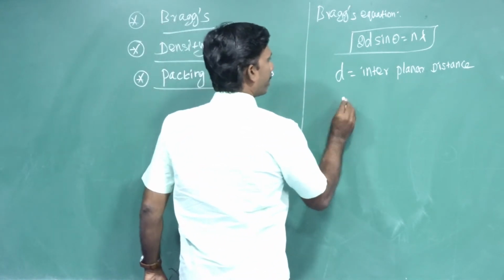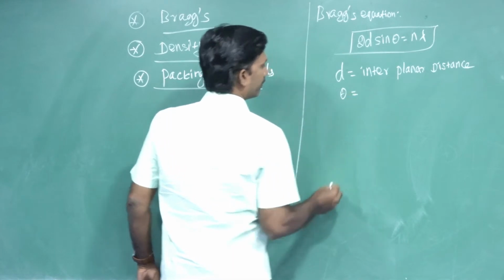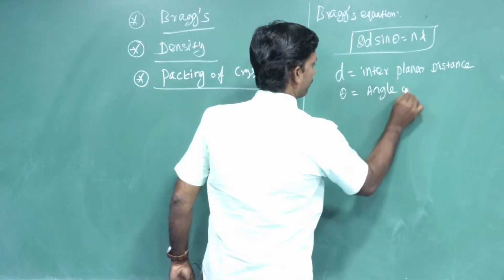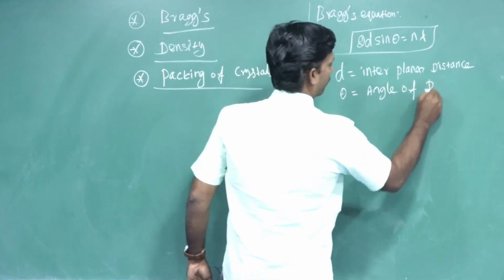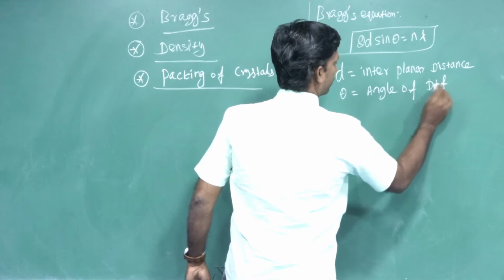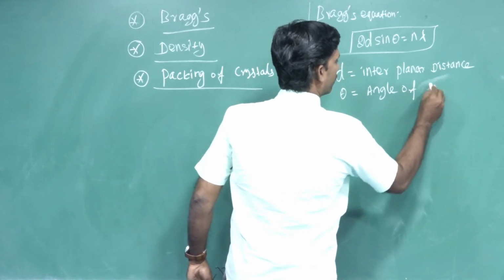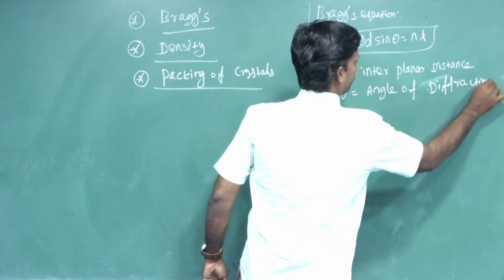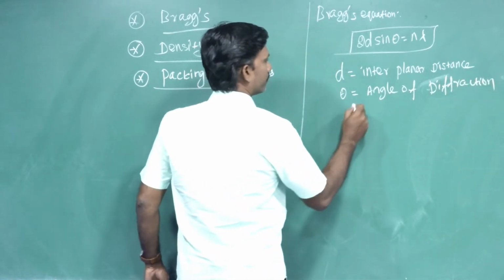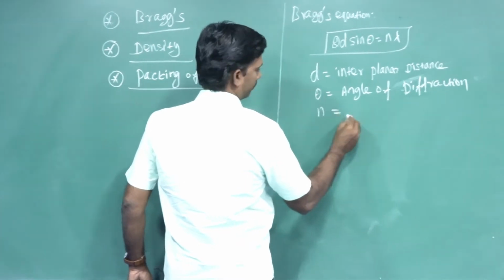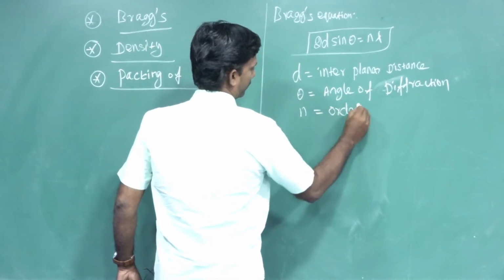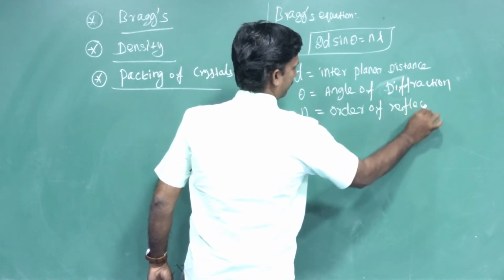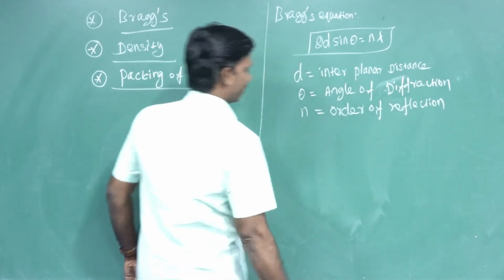Theta is the angle of diffraction. n is the order of reflection.